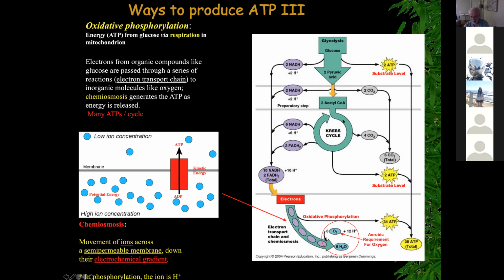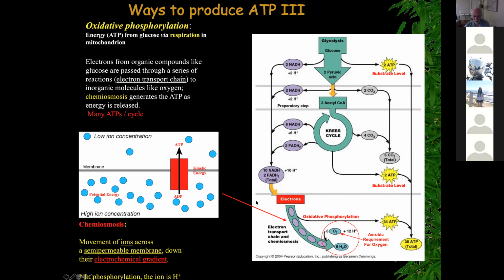Then in the Krebs cycle, 4 more molecules of carbon dioxide and a lot more reduced carriers, FADH2 and NADH, so that you're accumulating reduced carriers plus protons. These then feed into the electron transport chain, illustrated here. And I'll show you this more explicitly in a minute.